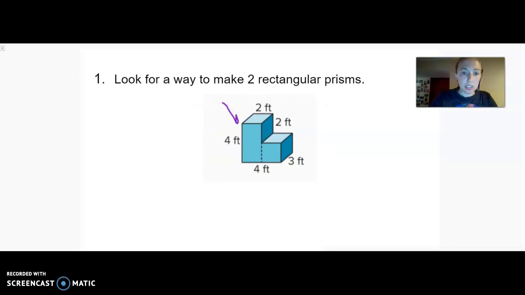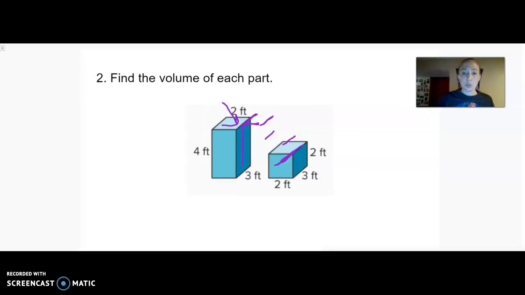If I was going to look at this left one, I might say, okay, I know it's 4 tall, I know it's 2 wide, but how far back is that? I don't know how wide it is. Well, it doesn't tell me here, it doesn't tell me here, but if I look all the way over here, it does tell me how wide that whole figure is. So that's where they get the 3 here. They got it from over there. So just be aware, sometimes you got to look around a little bit.